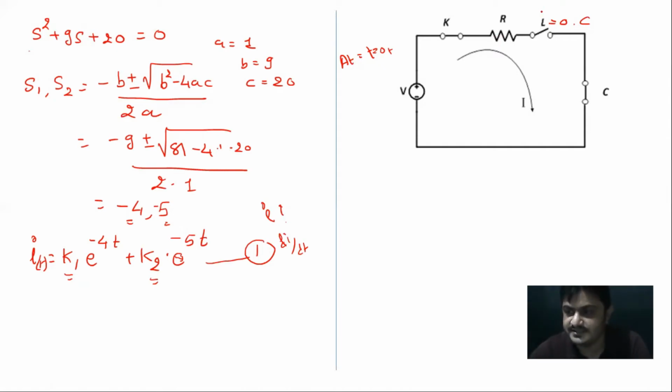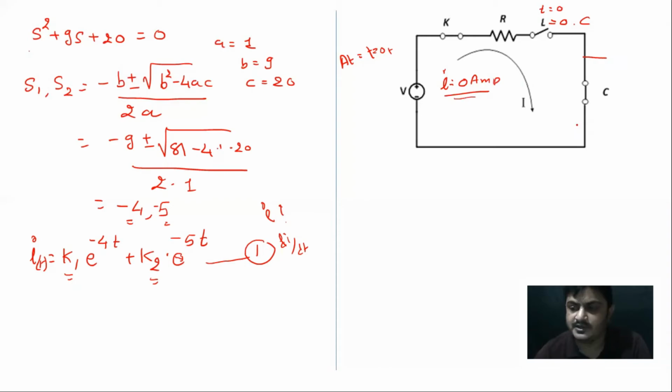So this is the t equal to 0 condition for the inductor, and the inductor will behave as an open circuit. So if I look at the value of current I flowing in this circuit, as this is an open circuit, you can directly say it is 0 ampere. What about the capacitor voltage VC?